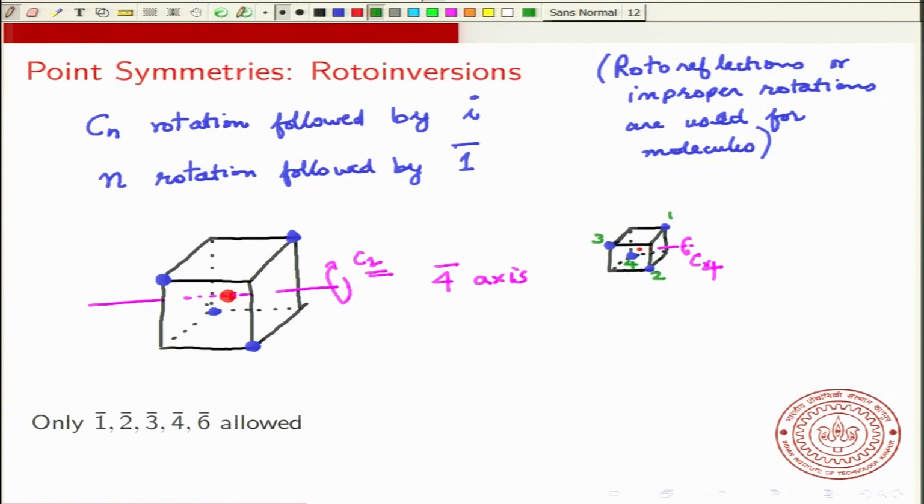If I perform a C4, then 1 will end up here, the 2 will end up at this site, the 3 will end up over here, and the 4 will end up over here.